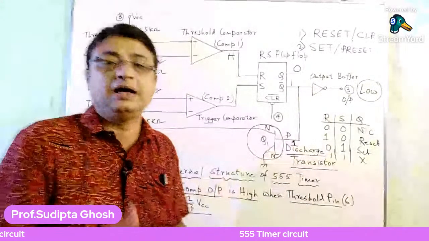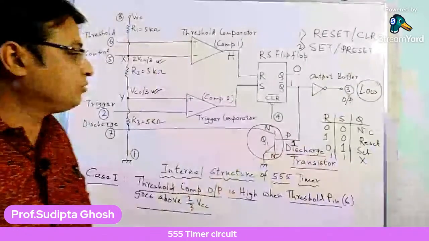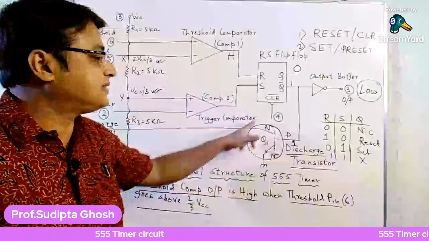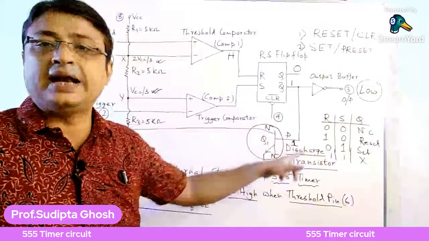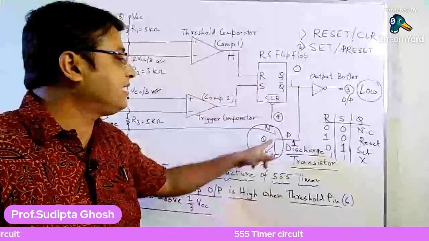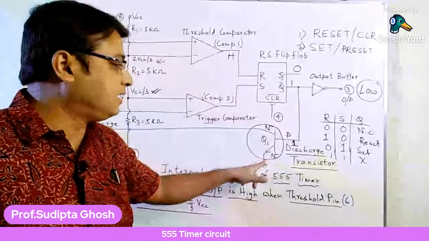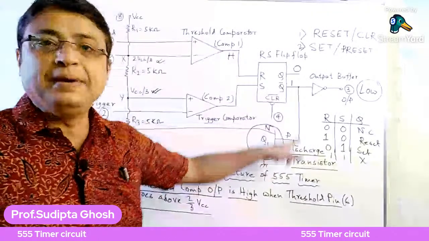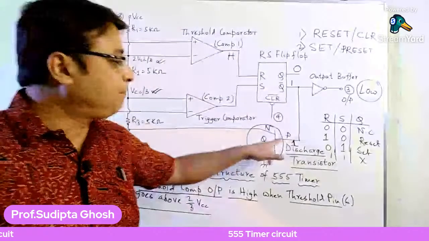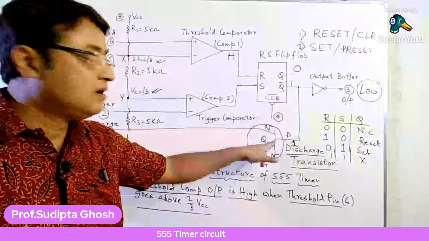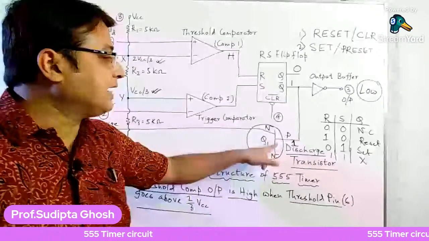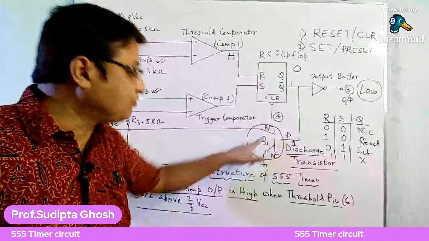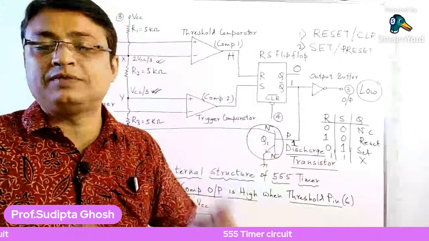Now you can find that this is an NPN transistor, and at the PN terminal, P is high, so the base is actually high. That means the input as well as the output, both of them are in the forward bias mode.